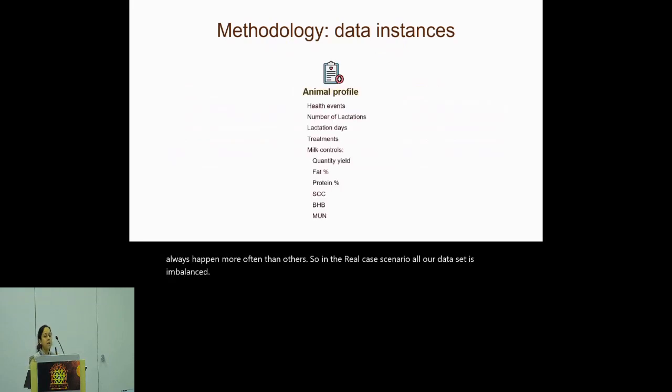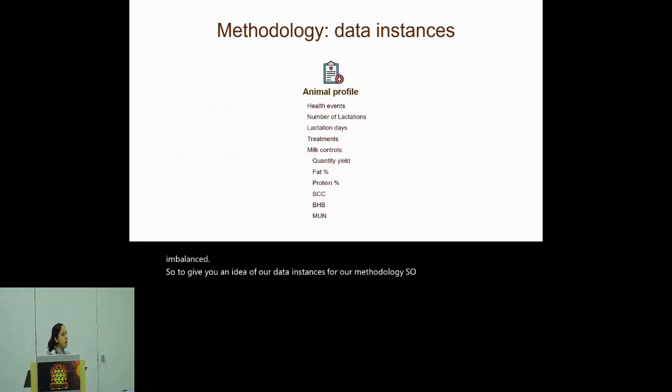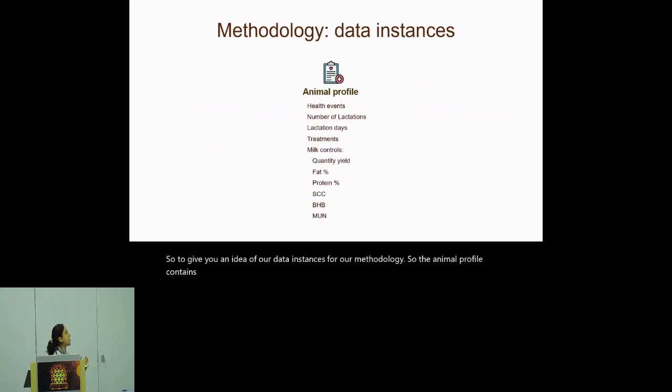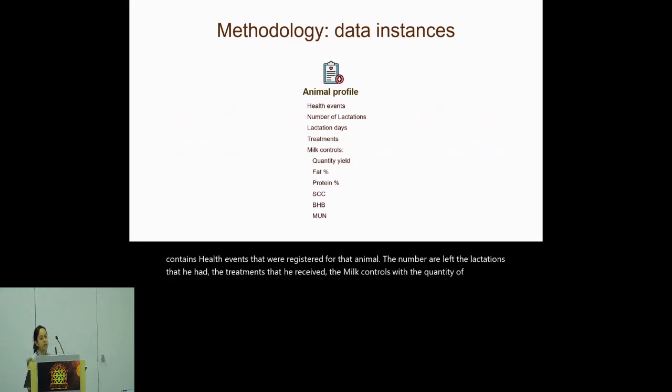To give you an idea of our data instances in our methodology, the animal profile contains health events that were registered for that animal, the number of lactations that it had, the treatments that it received, and the milk controls with the quantity of milk produced, the quality, percentage of fat, protein, and such.